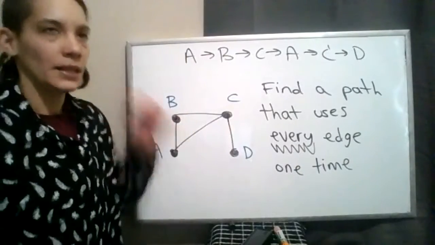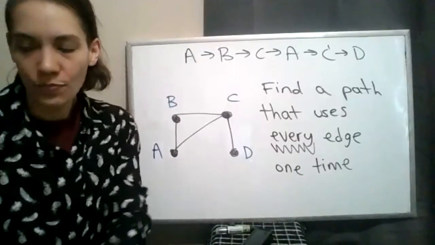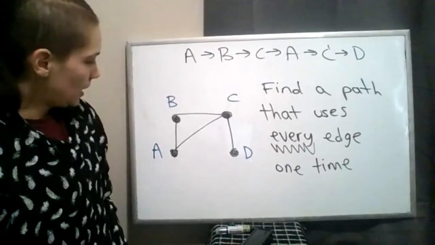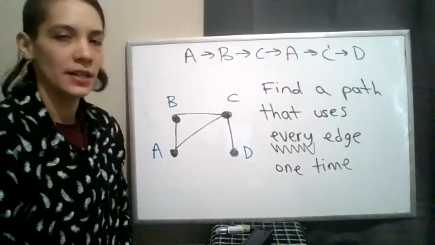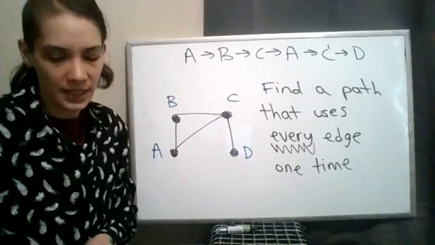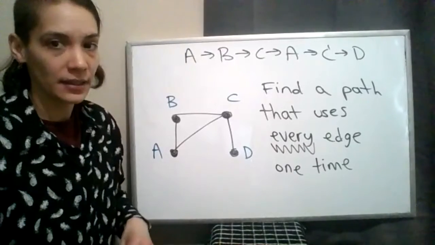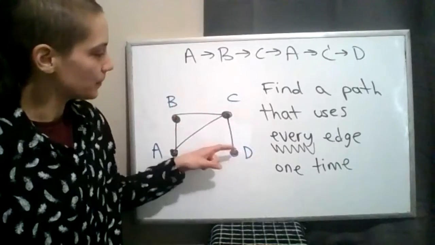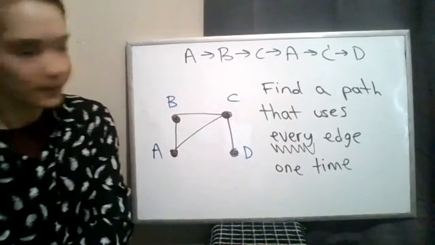Okay, let me think about this. Let's start in a place that I kind of know won't work. So let's start at C, and let's try to find a path that covers all 1, 2, 3, all 4 edges one time.